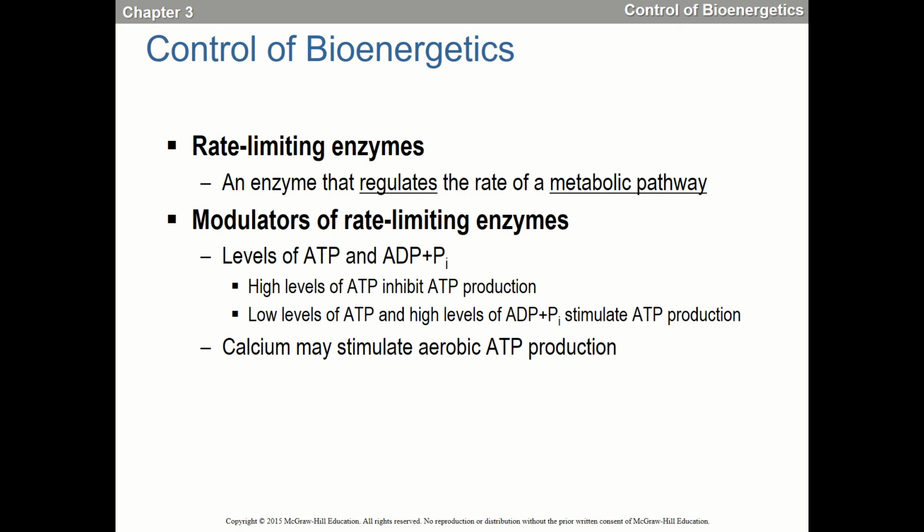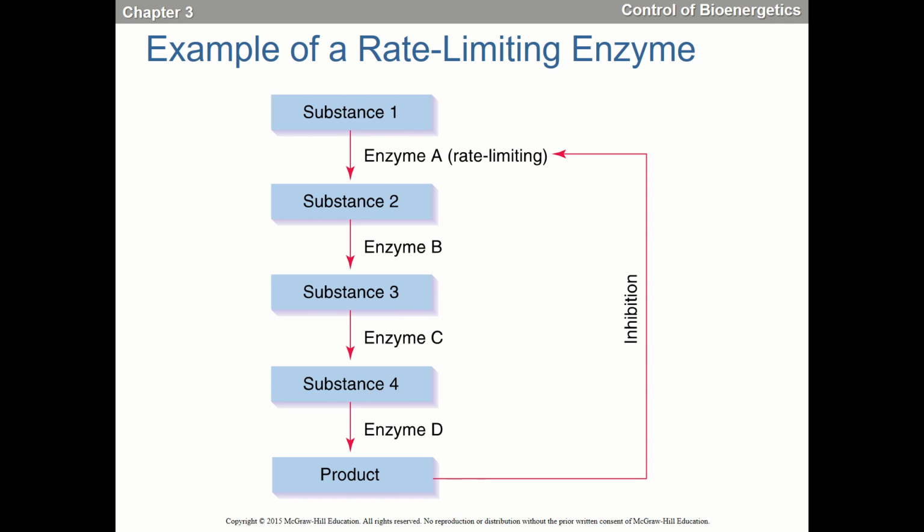But there are various modulators that seem to open up that choke point in the reaction, and typically they're energy related. So if we have a lot of ATP, then we don't need to go through the bioenergetics systems very quickly. But if we don't have a lot of ATP, we kind of do, right? ATP is one of the primary products of all of these energetic pathways, because we're trying to get energy to move.